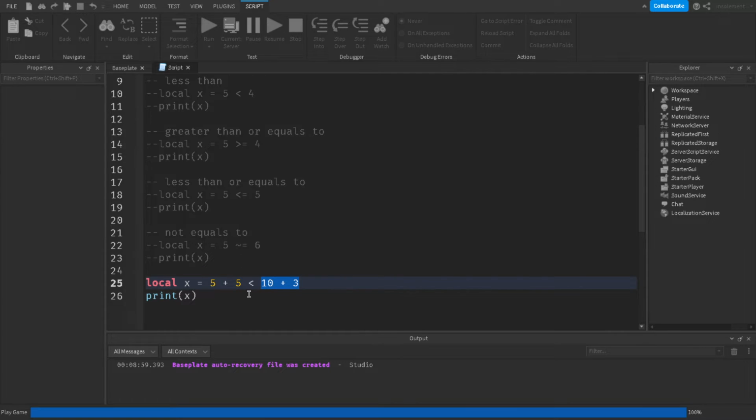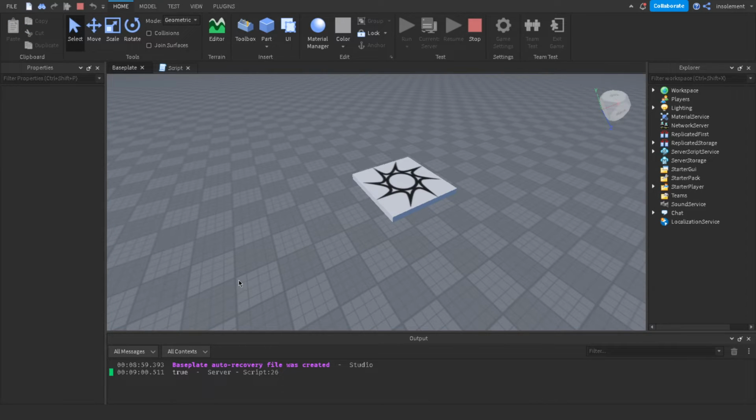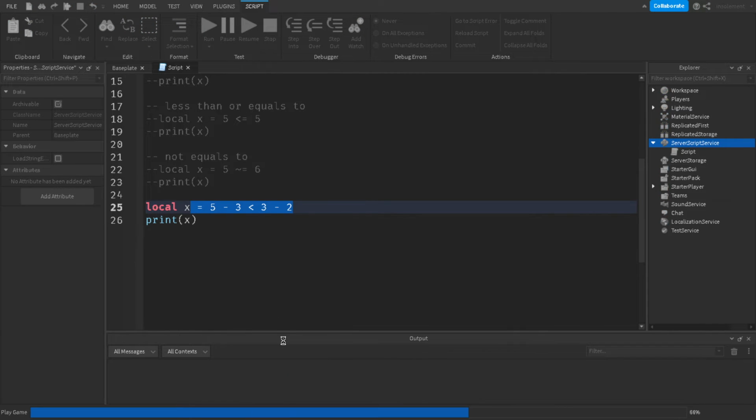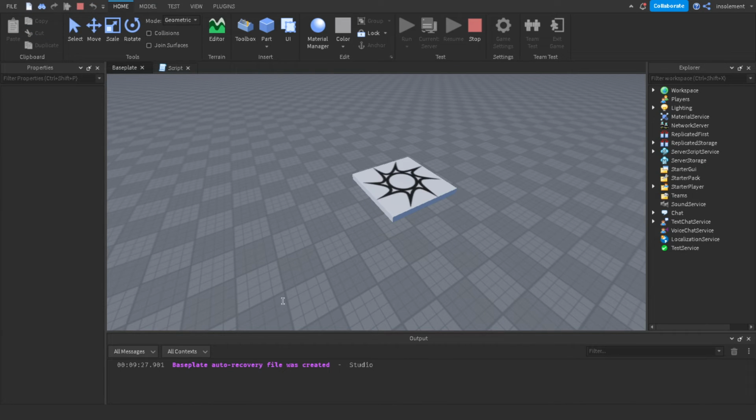This would return to us true, right? Okay. If we were to do 5 minus 3, and let's do 3 minus 2. 5 minus 3 is 2, 3 minus 2 is 1, 3 is not less than 1, so this would be false, right?